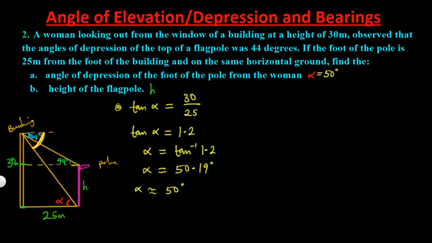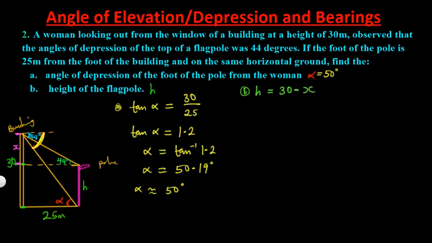Now the height. To get the height of this pole, which is from here to here, that means the height can be taken away from 30. What if we say from here to here, let's denote that with x, right? So for the B part, the height h of the pole will be equal to 30 meters minus the value of x.